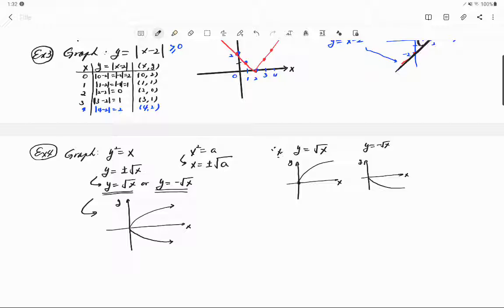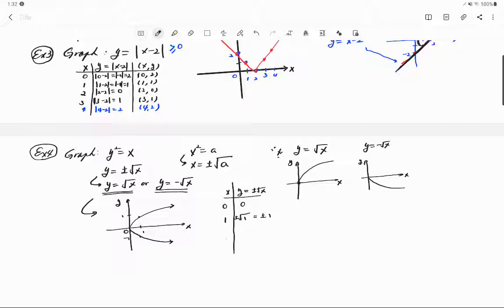We can set up a table with x and y. If x equals 0, then plus or minus square root of x is 0, so y is 0. If x equals 1, then square root of 1 is plus or minus 1, so y is positive 1 and negative 1.